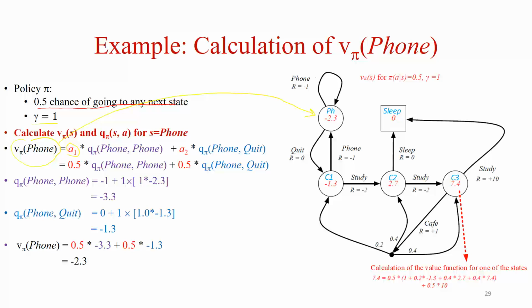When I leave state phone by action phone, I multiply by this A1, because I assume that all the actions are 0.5, times the action value of leaving state phone using action phone, plus 0.5, this A2, times the action value of action quit as I leave state phone.